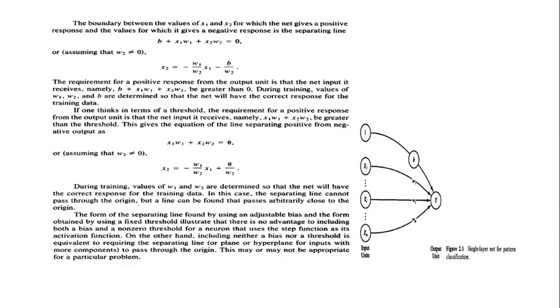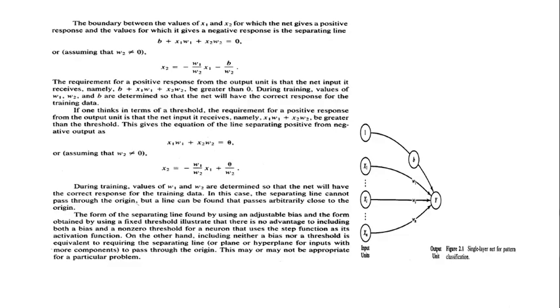As you see, in the case of a simple neural network with two inputs, the boundary between the values x1 and x2 for which the net gives a positive response and the values for which it gives a negative response is the separating line.